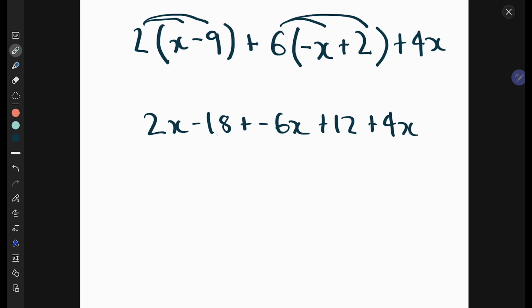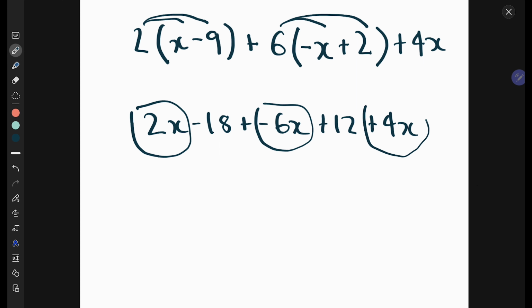So 2x minus 18 cannot work because they are not like terms, but we have 2x, minus 6x and 4x, which can be added together. So 2x minus 6x is negative 4x. Negative 4x plus 4x is 0, so that gets cancelled.